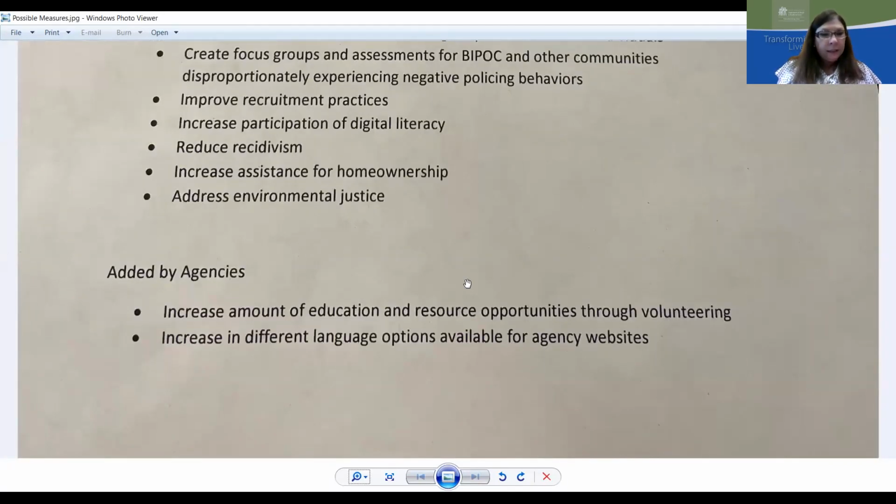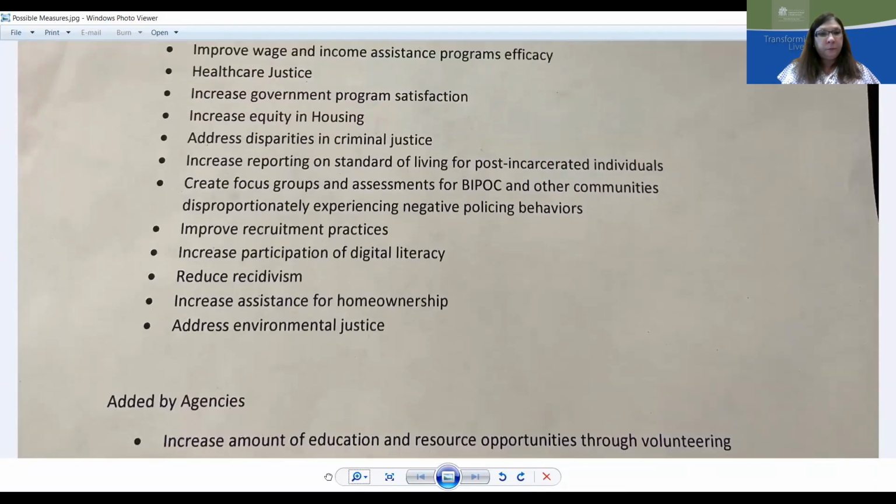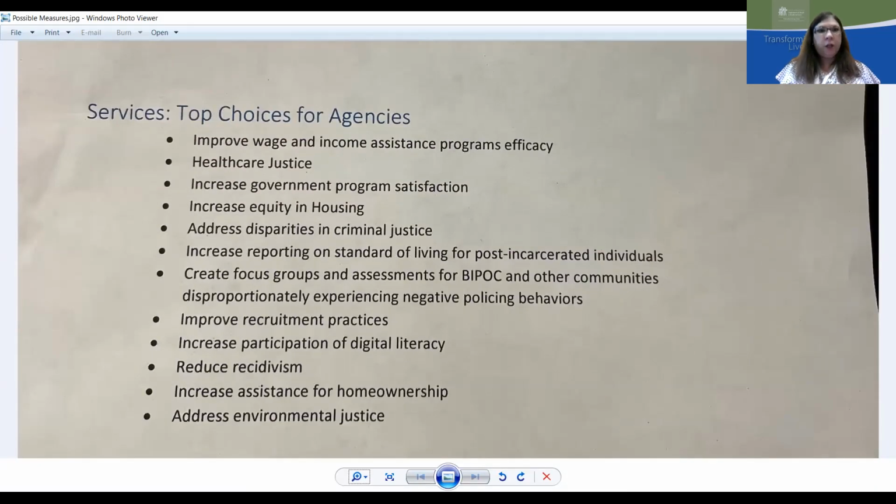Number 14 is increase different language options available for agency websites. So those would be tied for 13 votes. And then our fourth one would be number 2 at 12 votes, and that's healthcare justice.